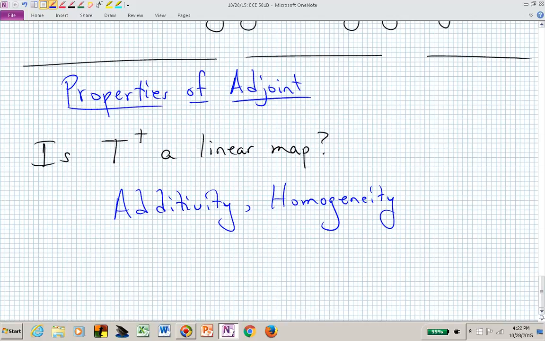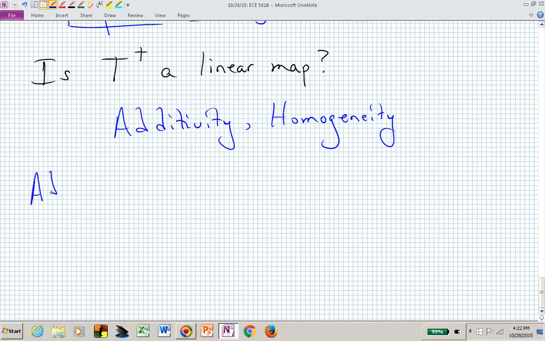If we look at additivity, then we have TV with W1 plus W2, and that's maybe why we call W having coordinates Y1 and Y2. Now W1 is a vector and W2 is a vector. What do we know about the second slot in an inner product in terms of additivity? Do we have it, or do we have to do something different? No, we have it.